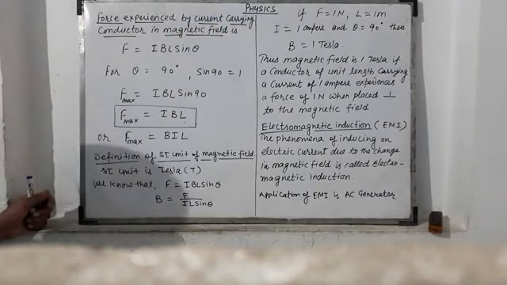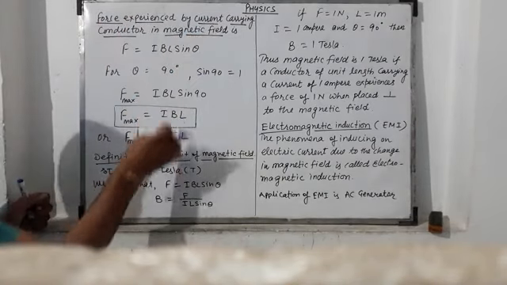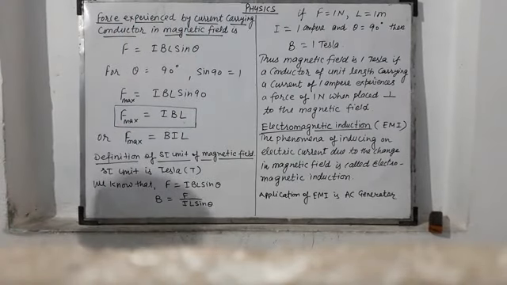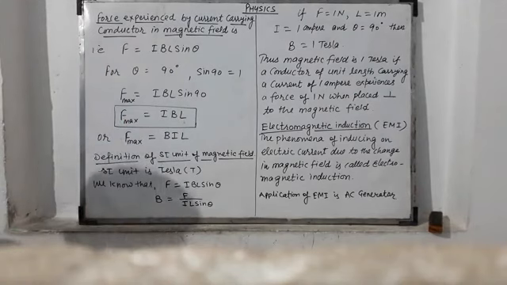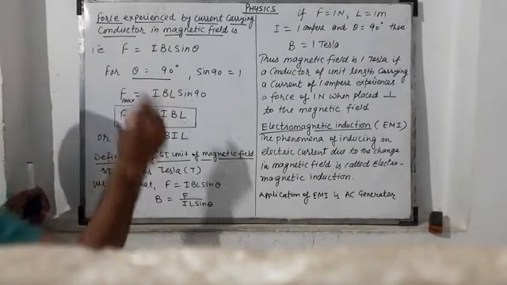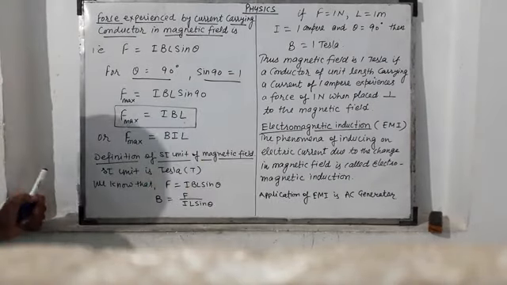Once again, the force experienced by a current carrying conductor in a magnetic field is F equal to IBL sin theta. For theta equal to 90 degrees, sin 90 is equal to 1.